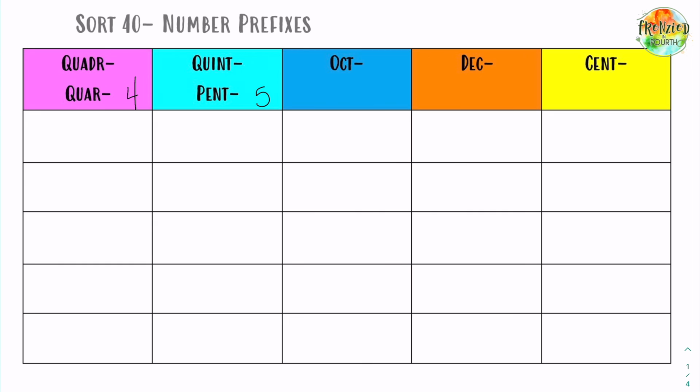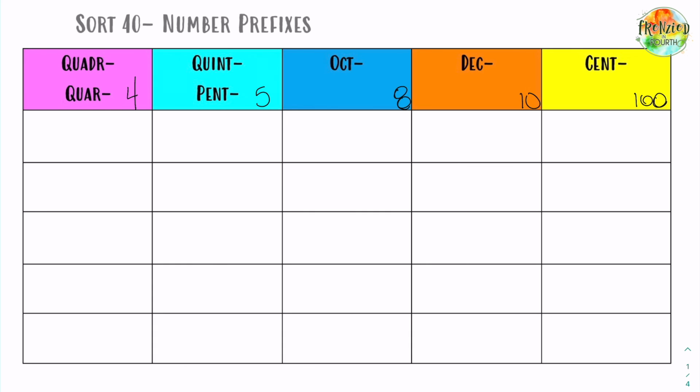Both of these mean 5, but they are different because one comes from Greek and one comes from Latin. The next one is the Greek prefix meaning 8. Dec is a Latin prefix that means 10. And cent is a Latin prefix that means 100.